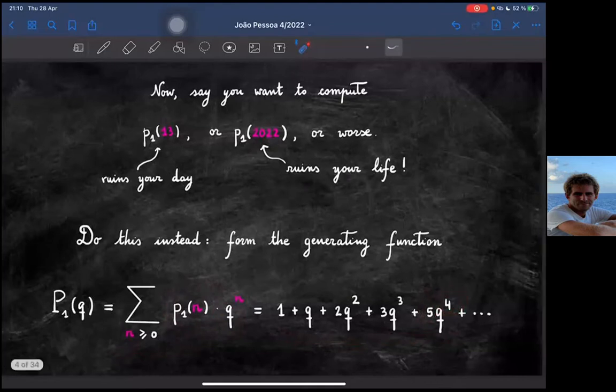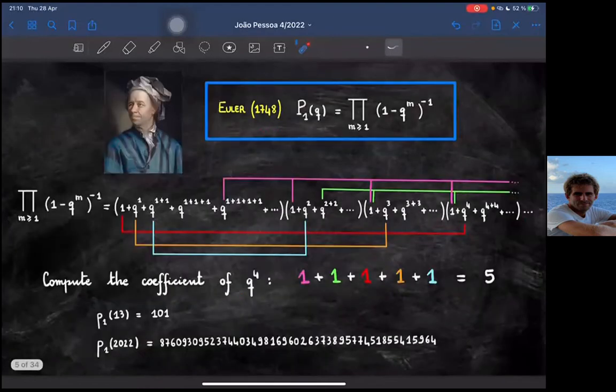Okay. So a few centuries ago, Euler proved that this generating function has this explicit form. So it's an infinite product, 1 minus q to the m, inverse. And the modern proof is by contemplation.